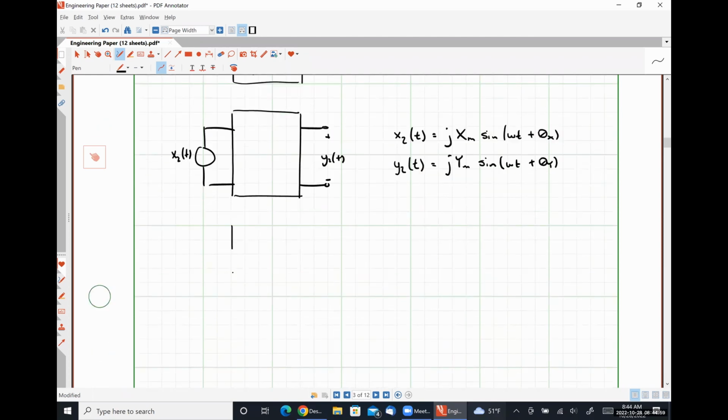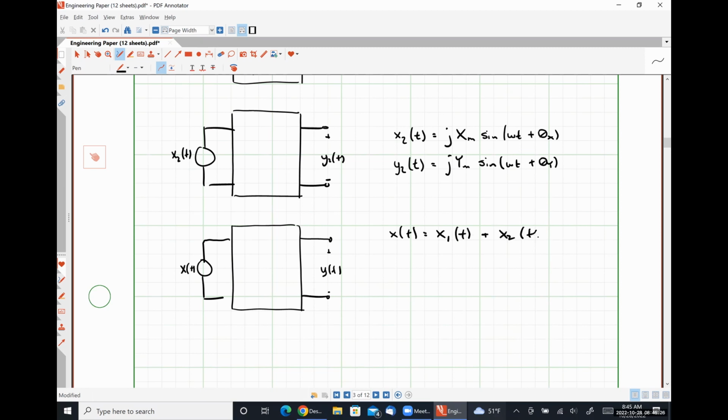So if we take our black box network and I apply just x of t, and I measure just y of t, where x of t is x1 plus x2, I could write this as xm cosine omega t plus theta x plus j xm sine omega t plus theta x, or xm e to the j omega t plus theta x.